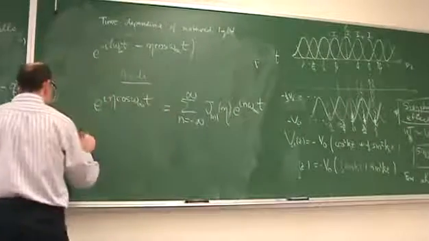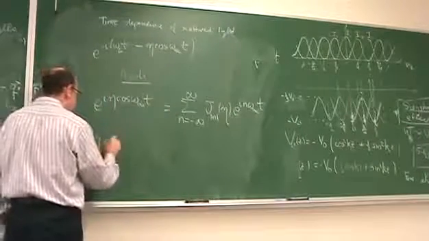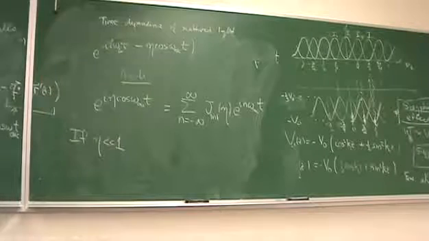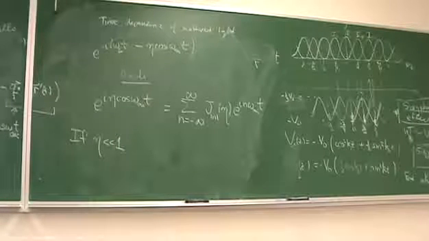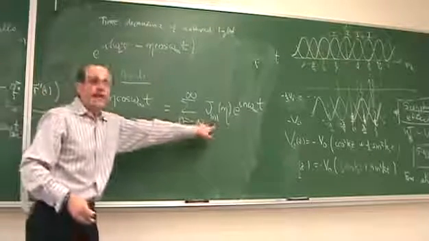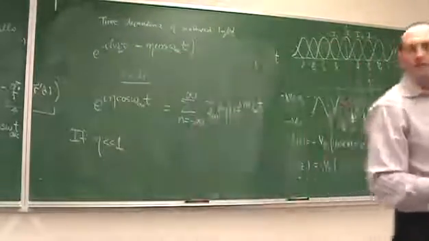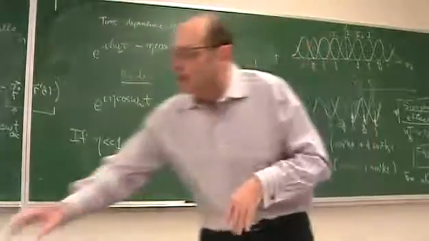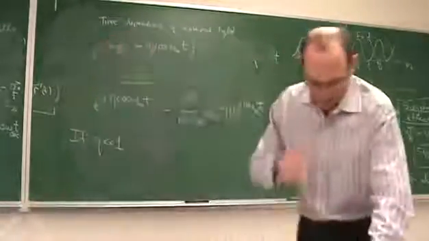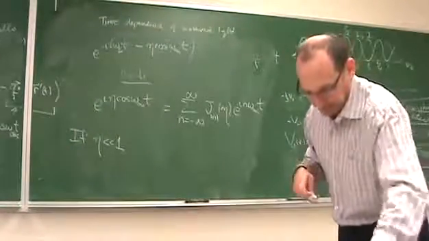If eta is small compared to 1, which is to say the extent of the oscillation is small compared to the wavelength, well, then we could do an expansion. Use the expansion for small arguments of the Bessel J's.